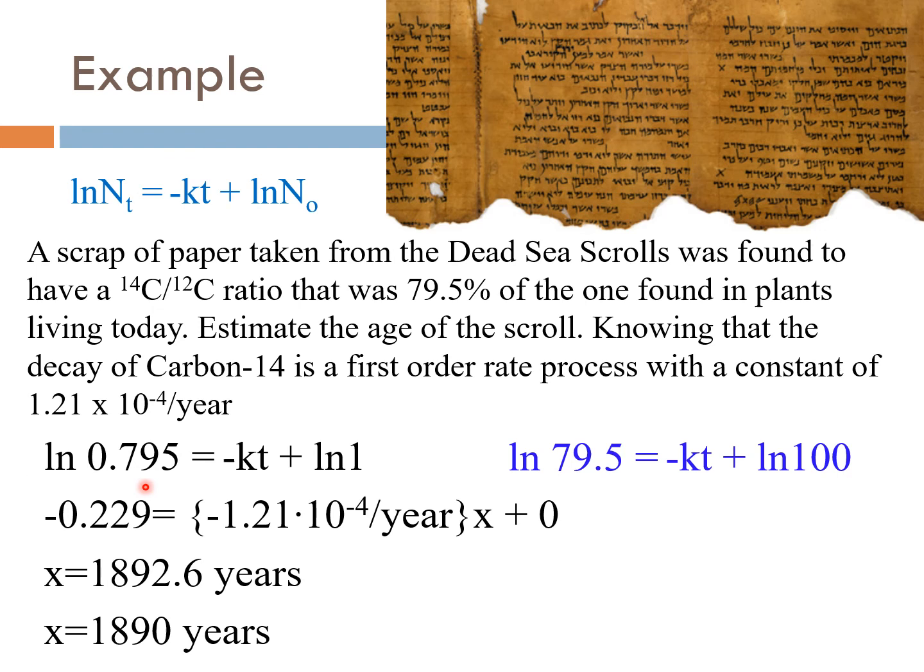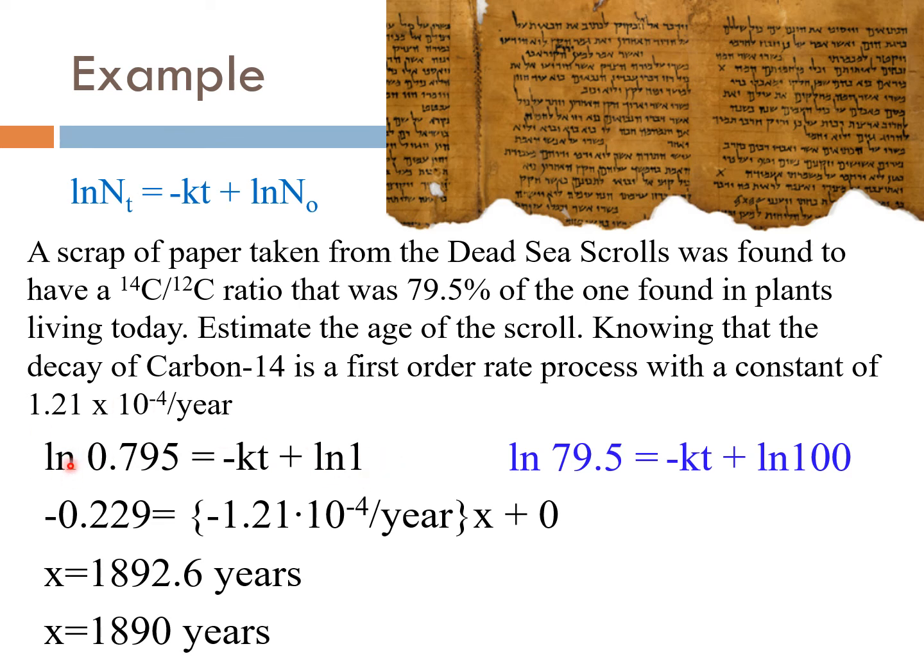So we can plug them in. It's more convenient to take 1 and 0.795 as opposed to 100 and 79.5 because the logarithm of 1 then is 0. It doesn't change anything mathematically because when you bring this on the other side of the equal sign, it becomes minus.